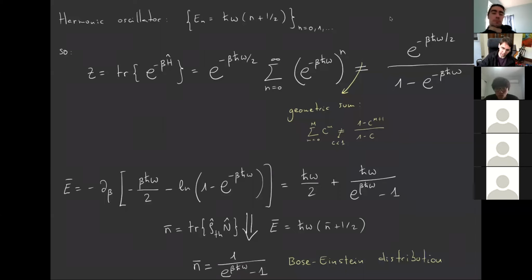So this is one thing I wanted to discuss. The next thing I want to discuss is the Fock state expansion of the thermal state. Now, instead of parametrizing the thermal state with the mean energy, we can parametrize it with the mean number of excitations, which for the harmonic oscillator is the same and is more convenient.